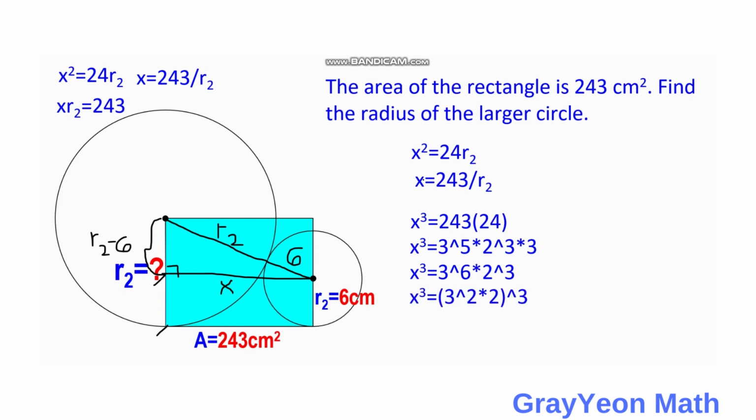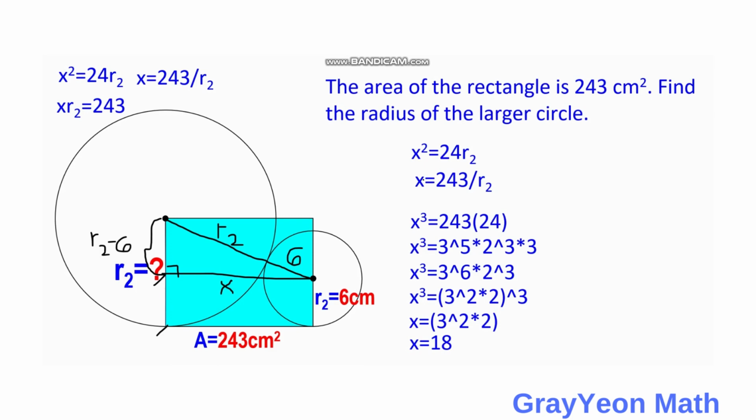We divide the exponent by 3, so 6 divided by 3 is 2, and the 2 cubed gives 2. So taking the cube root of both sides, X is equal to 3 squared times 2, which is 9 times 2, and that is 18.